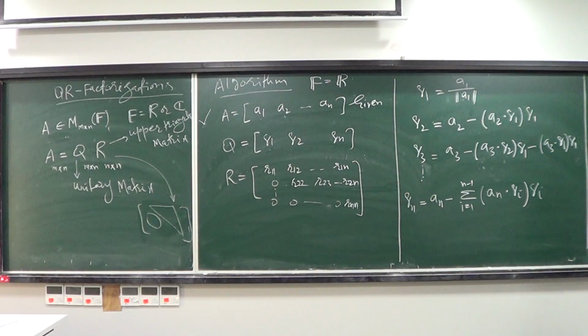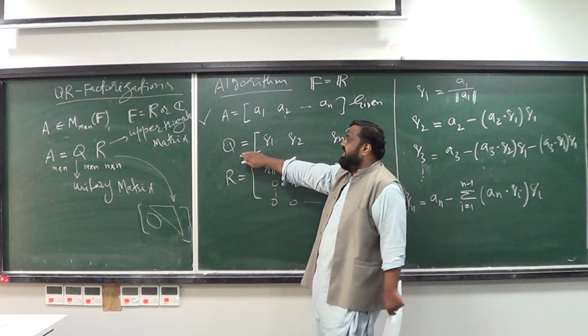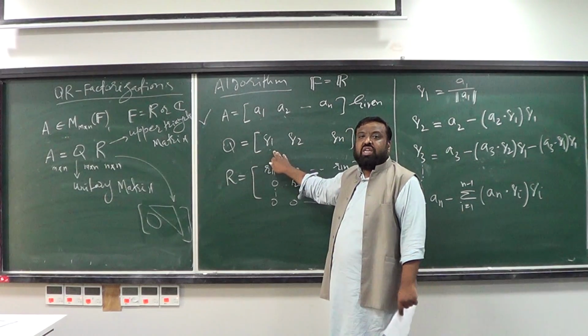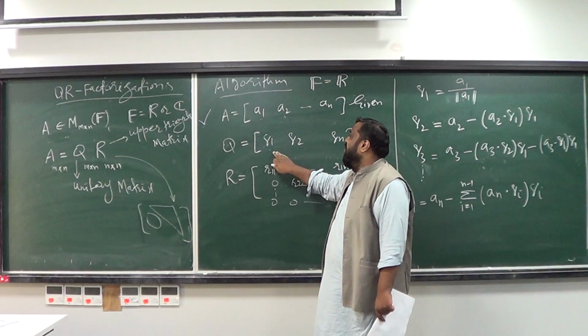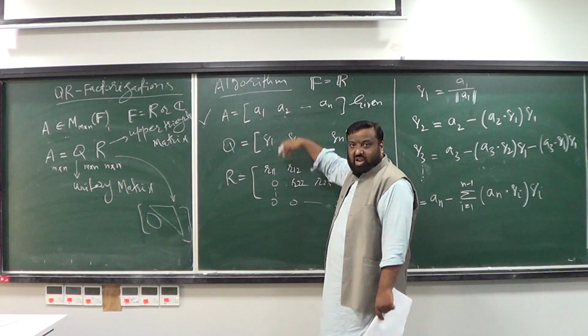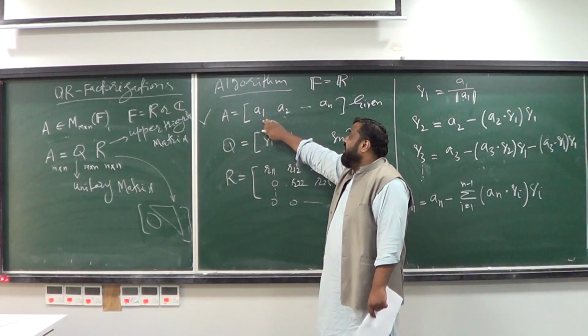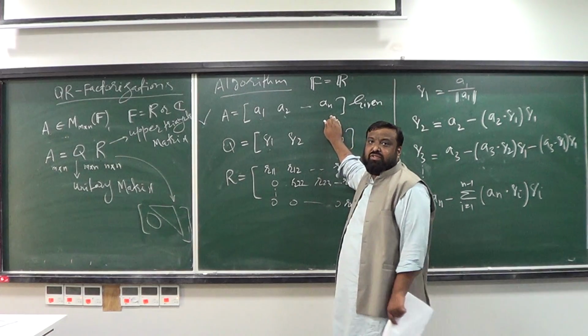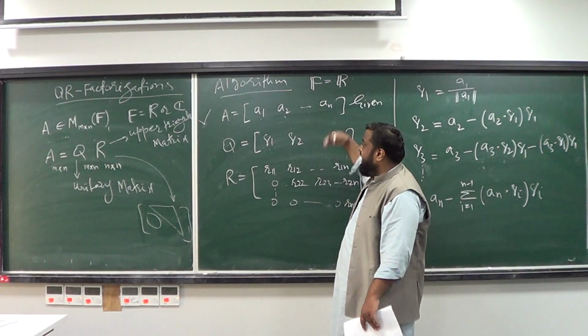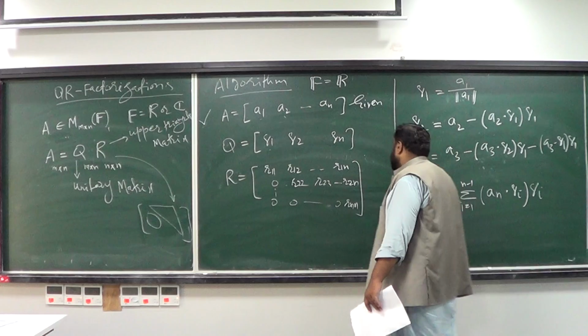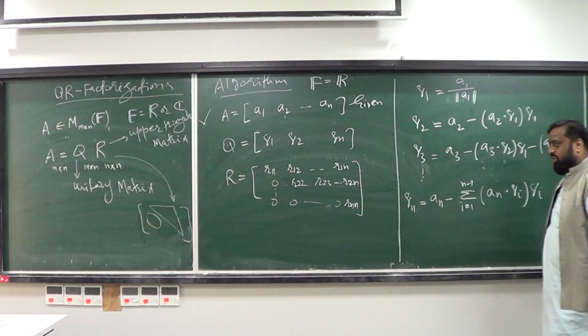So finding this unitary matrix, or the matrix which has independent columns, is not difficult. Just take the column vectors from A, apply the Gram-Schmidt process that we have learned, and construct the n vectors actually.